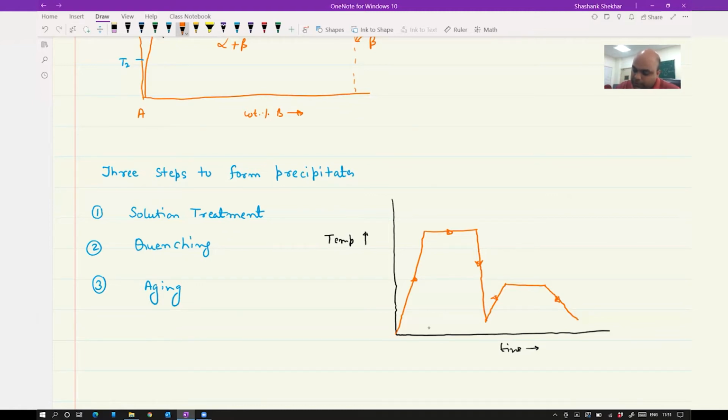Now this is the top one. What you have to do is take your sample and go to a high temperature, say in this case T0, and I will use this nomenclature T0, T1, T2 and use the phase diagram to explain it to you. This process here we call solution treatment.